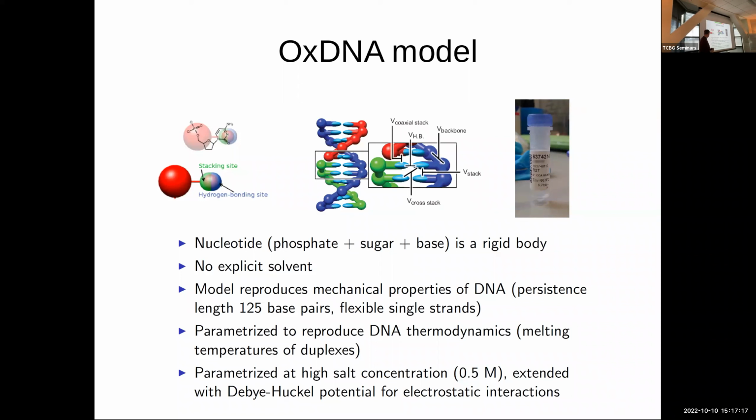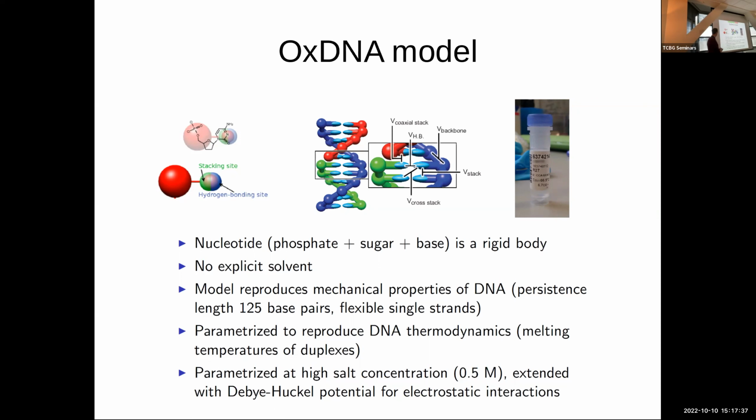In terms of interaction with ions, the original version of the model didn't have any way to incorporate salt concentrations at all. The latest version, which we call oxDNA 2, implements the Debye-Hückel potential.